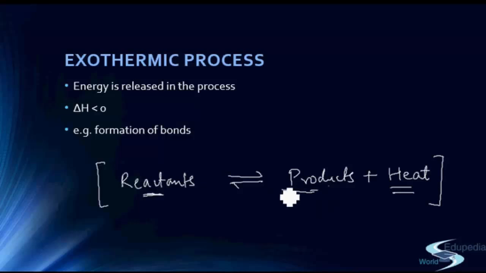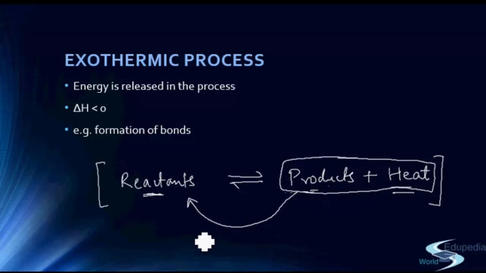The backward direction looks like this: my products are using some amount of heat or some amount of energy to change themselves into reactants. That is, products are absorbing energy to form the reactants. Hence the reverse reaction or the reverse direction becomes an endothermic process.